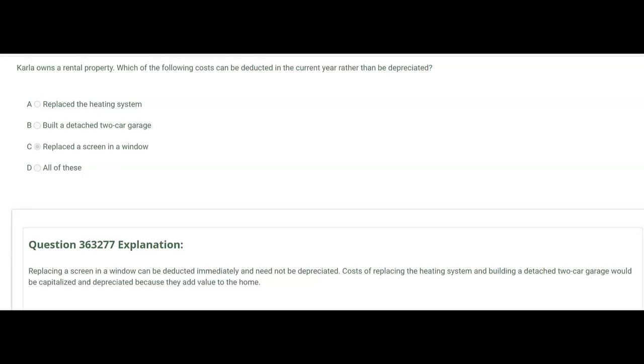C says replaced a screen in a window. Yeah, that would be like changing a light bulb. So you could get an immediate deduction for that. So capitalize and depreciate what adds value to the home, deduct immediately what does not add any new value, but just replaces the value that was there, and replacing a screen in a window would be a good example of that. So we'll go with C.